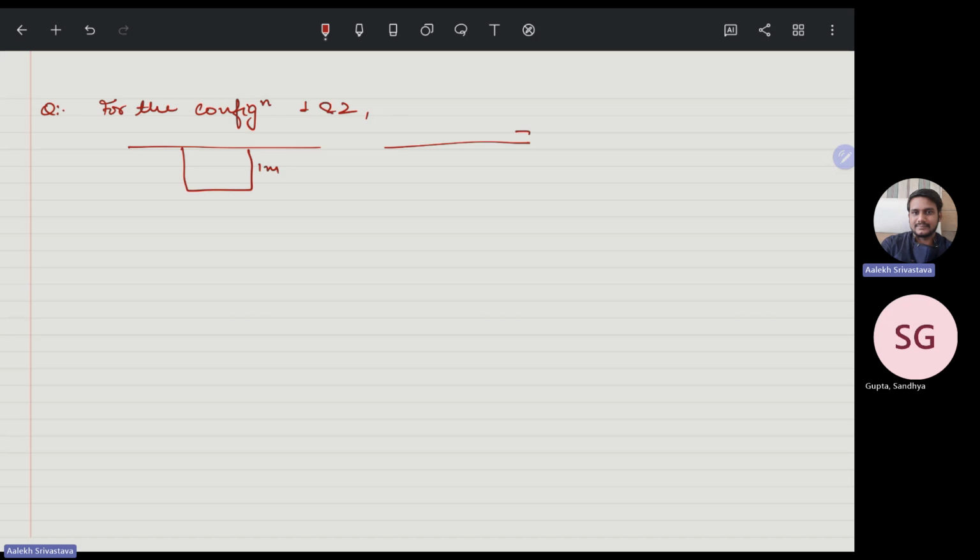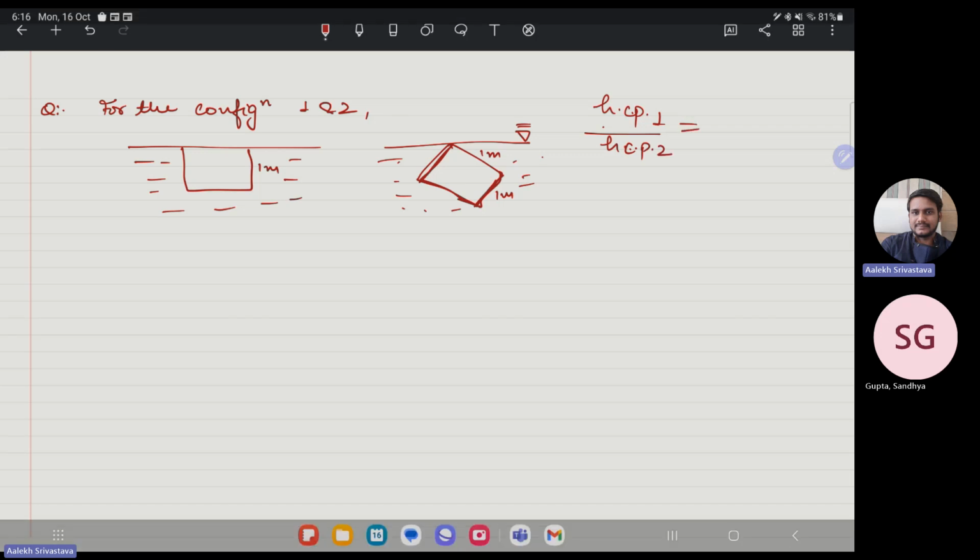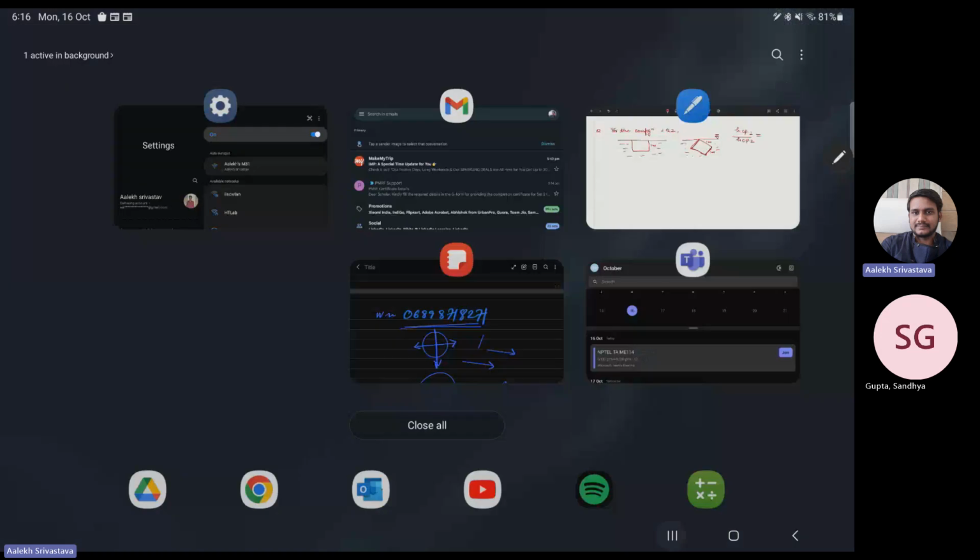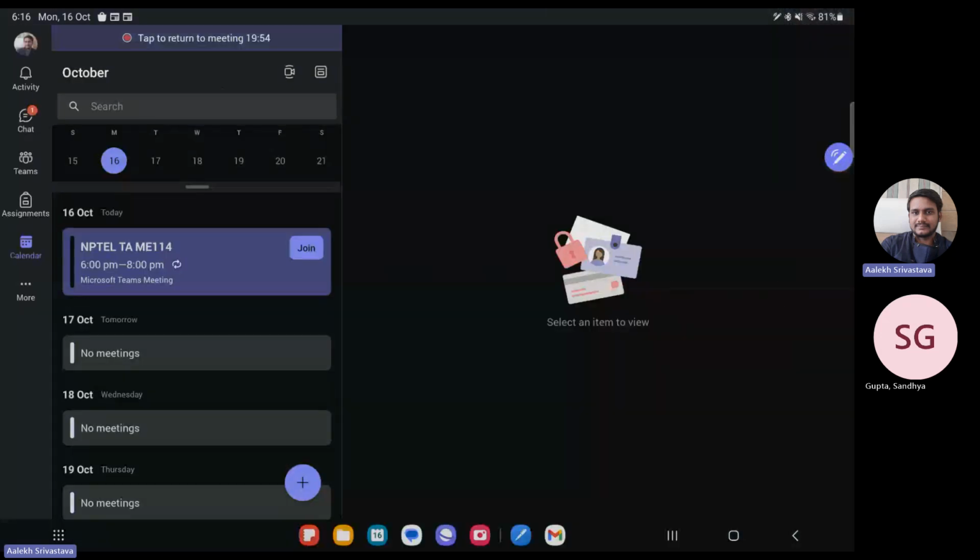And then again you have a surface level, and you have a square plate in this portion, and this is also the side is 1 mm, and this is all the water is filled, and you need to find what is the ratio of center of pressure. So I should write H of center of pressure of first divided by H of center of pressure of two. So please solve this. I will be coming in 2 minutes.